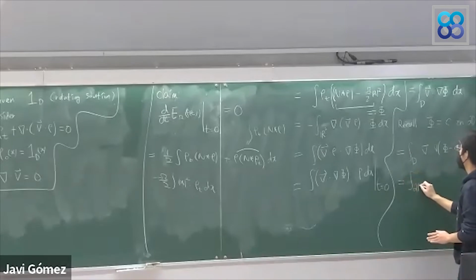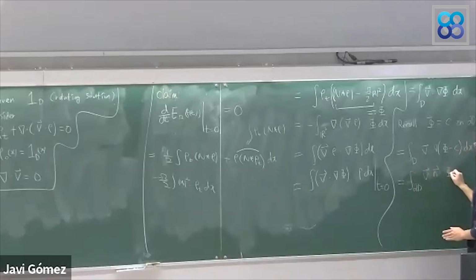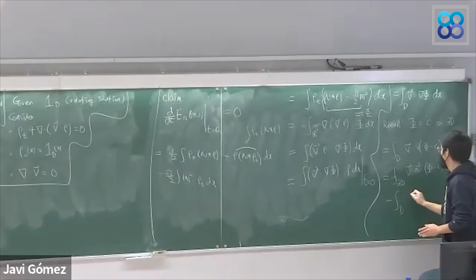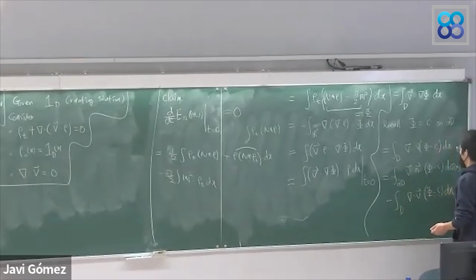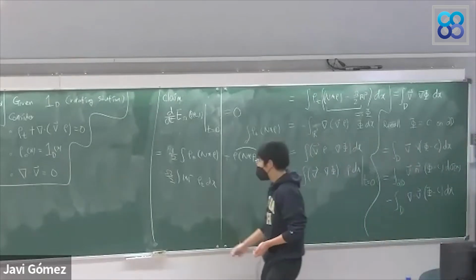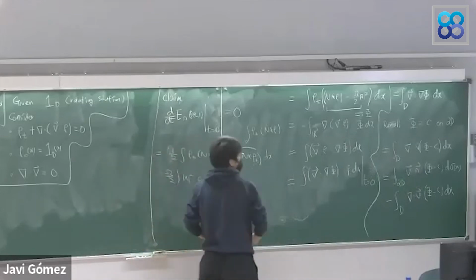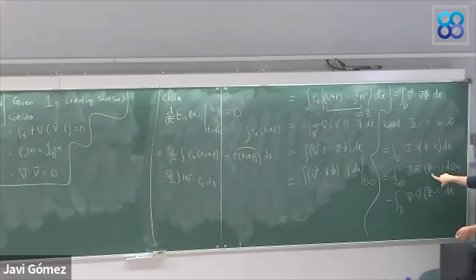So on the boundary, we have V times the normal vector C, the surface integral, minus divergence of V, E minus C, dx, right? And then here what we know is that the phi is completely zero on the boundary. So this whole integral becomes zero.